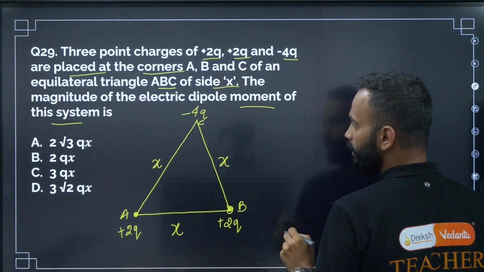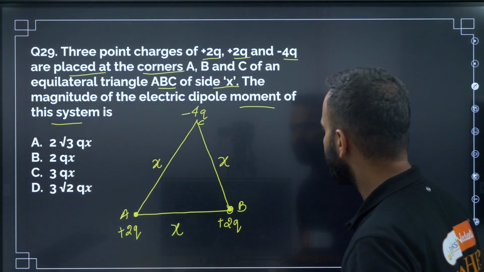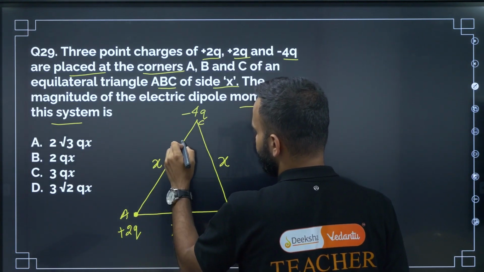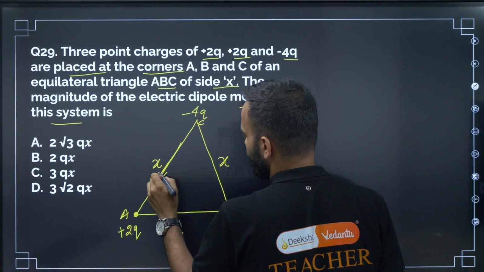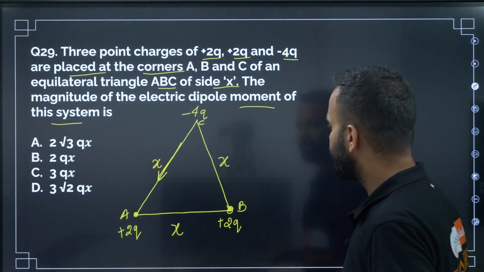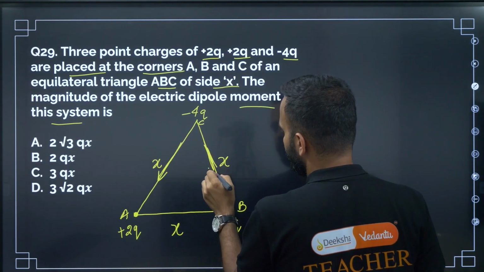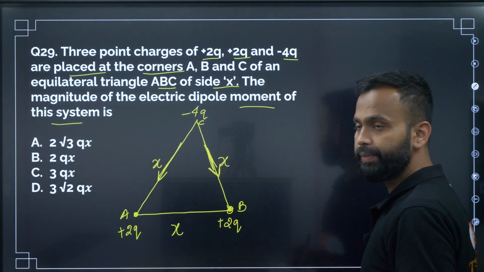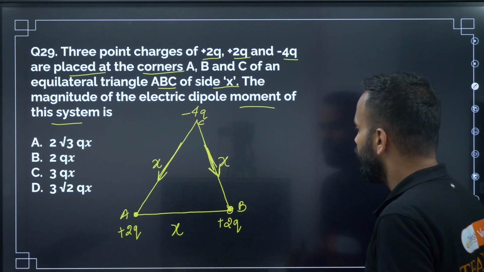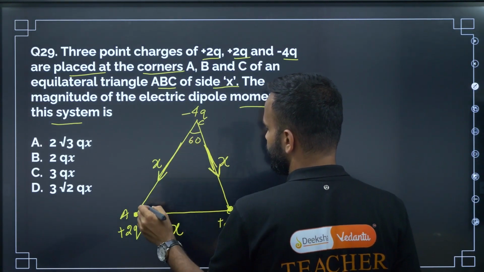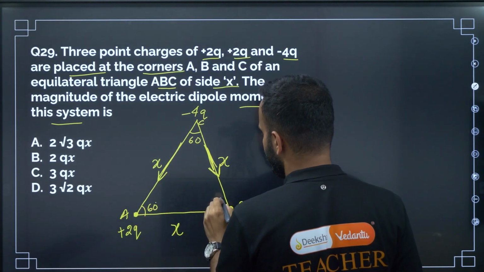Okay, we need to find the magnitude of the electric dipole moment of the system, right? So the dipole moment along CA, and the second one is the dipole moment along CB. It's an equilateral triangle, so 60 degree, 60 degree and 60 degree.